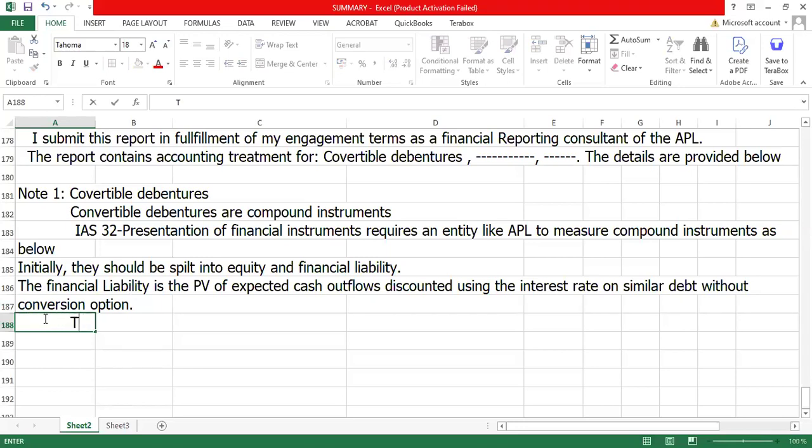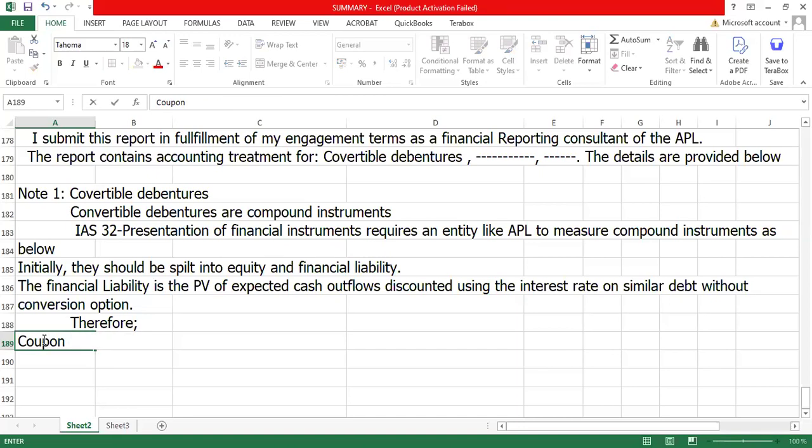you cannot get the present value of expected cash flows when you don't have cash flows. You need to first get the cash flows. That is your coupon.